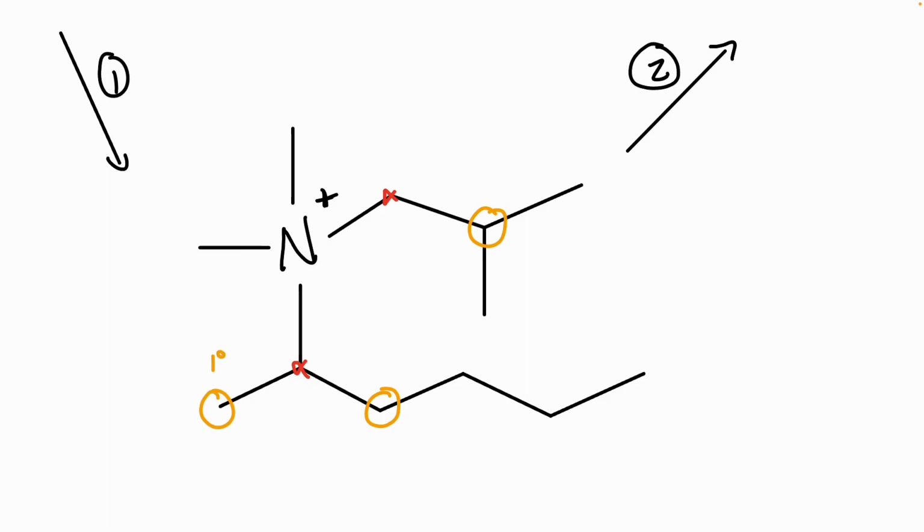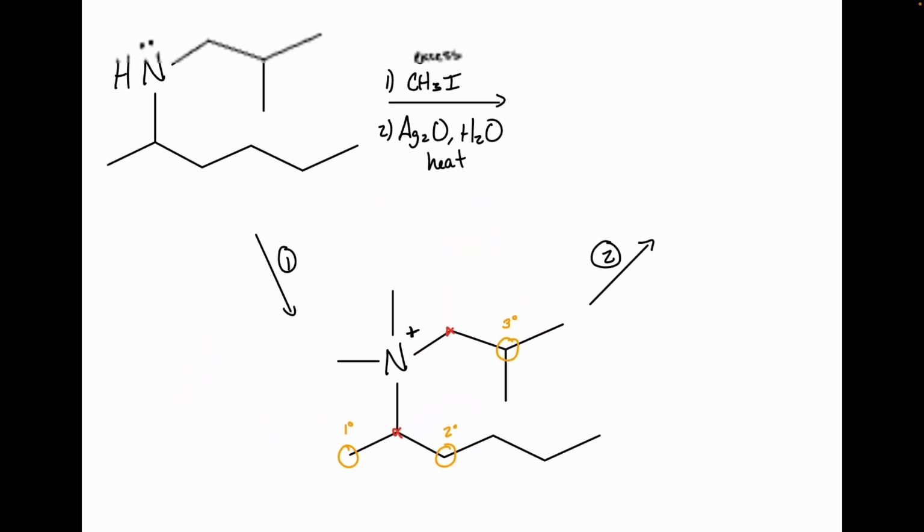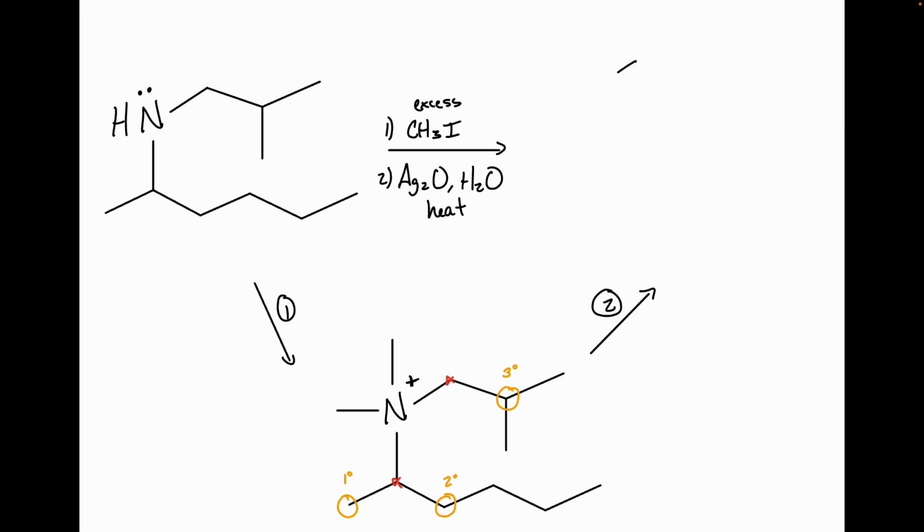So I have a primary, a secondary, and a tertiary carbon. Which one is going to lose its hydrogen? The primary. So my alkene product here will be that 1-hexene.